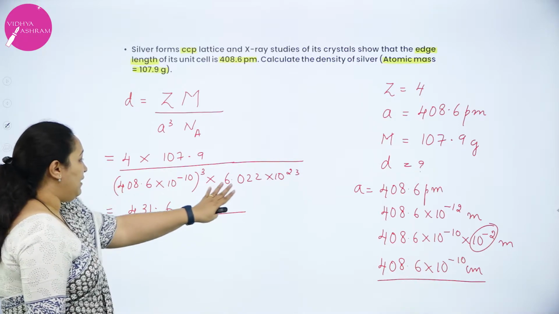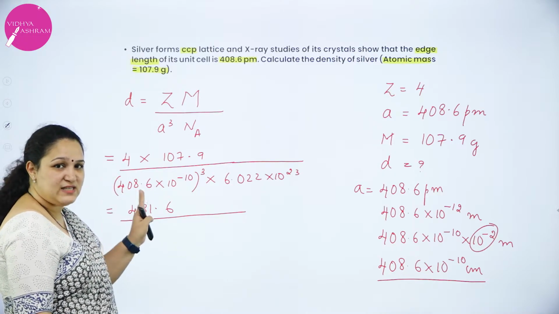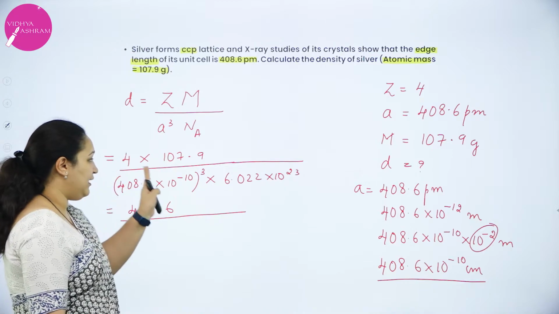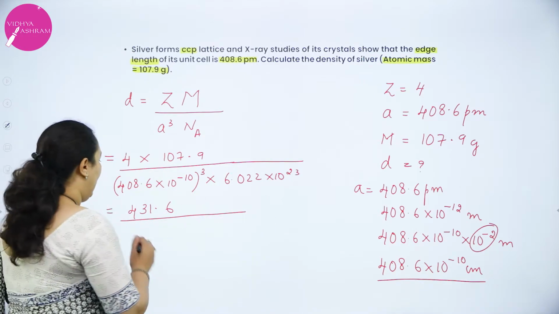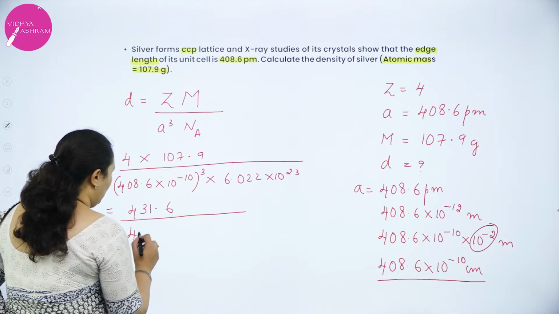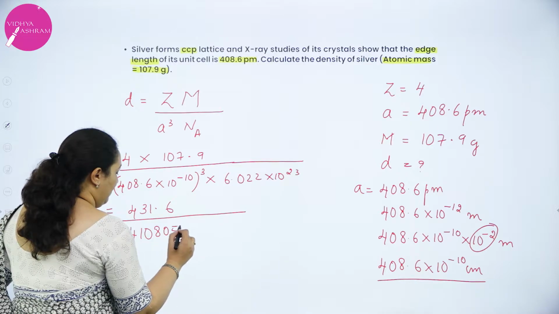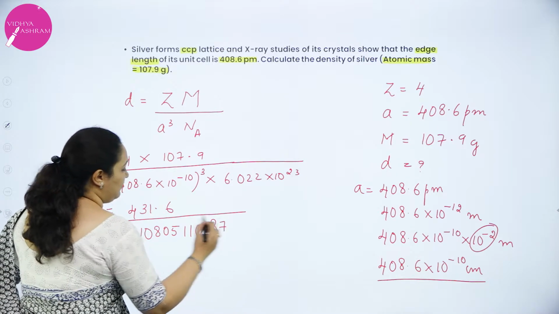Now, how do I multiply the denominator? 408.6 into 408.6 into 408.6 into 6.022. If I do, I will get the value 410,805,110.87.